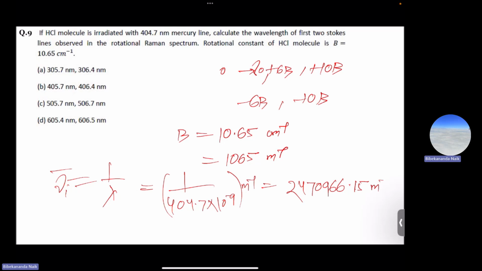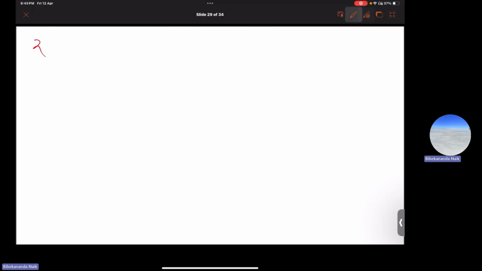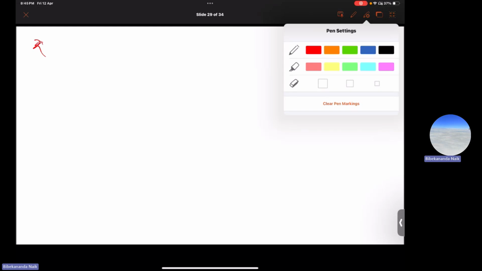Now, we have B as 1065 meter inverse, so 6B is 6 into 1065, which is 6390 meter inverse.